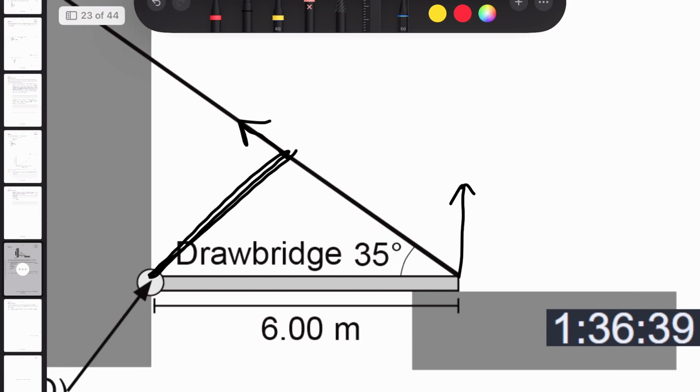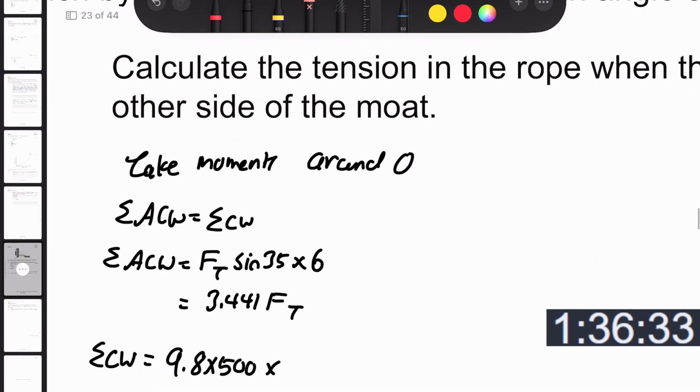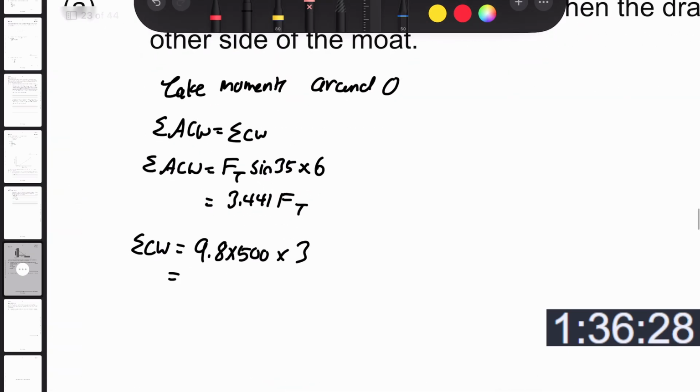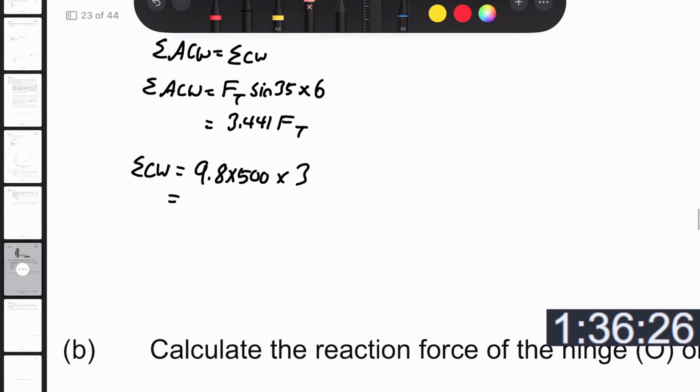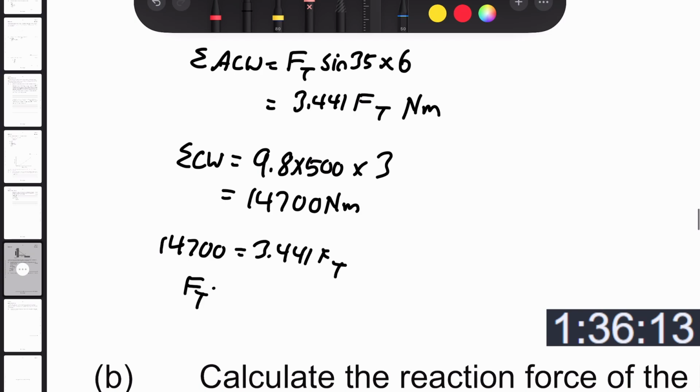That's sine of 35 times 6, which is equivalent here. So 14700 newton meters. So 14700 equals 3.441 times force of tension. So the tension is 4272, 4.27 times 10 to the power 3 newtons.